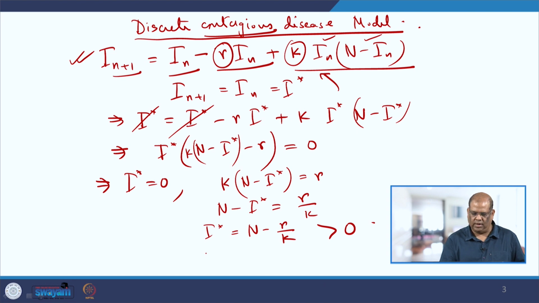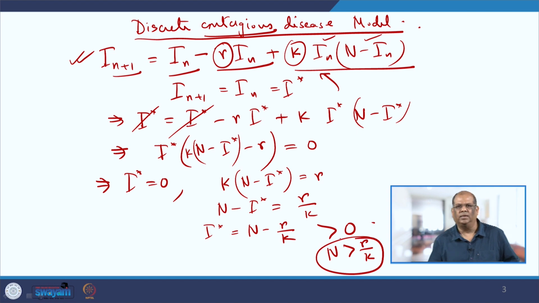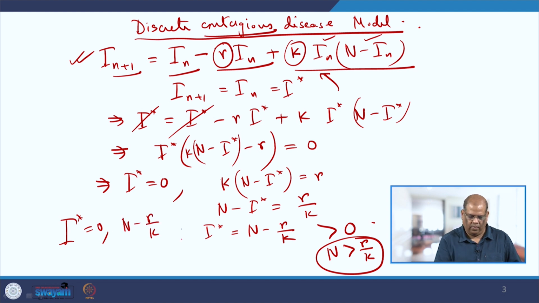So, for the existence of this solution, N must be greater than R by k. So, that is the existence condition for the non-zero equilibrium solution. So, we have two equilibria, one is I star equal to 0 and the other is I star equal to N minus R by k, where N is greater than R by k.